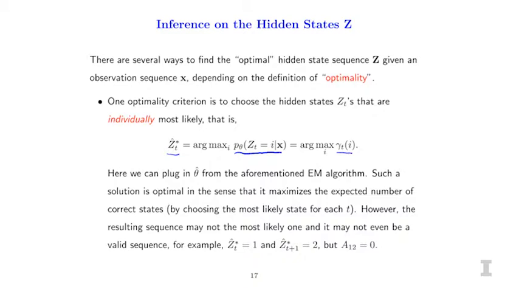However, the resulting sequence may not even be a valid sequence. For example, we could have our individually best guess at time t to be 1 and at time t plus 1 to be 2, but our transition matrix implies that it's impossible to transit from 1 to 2.